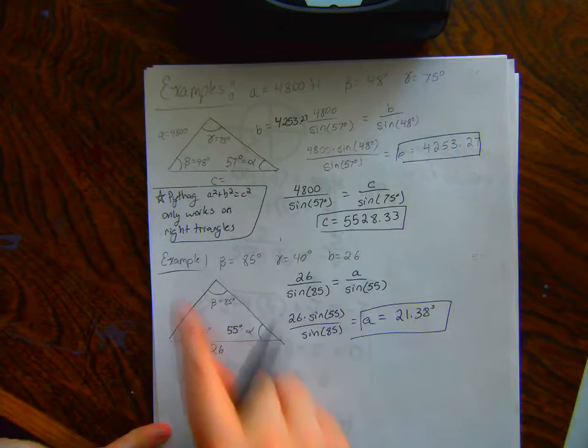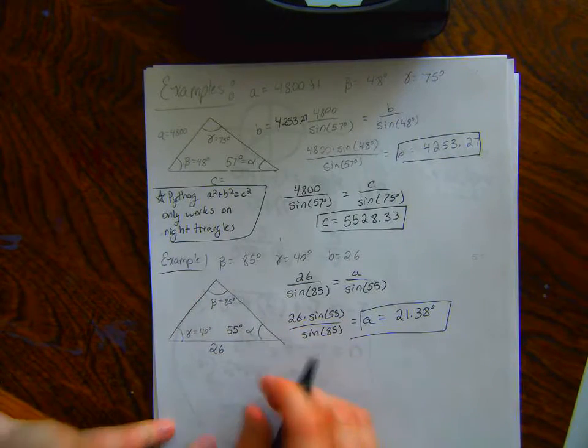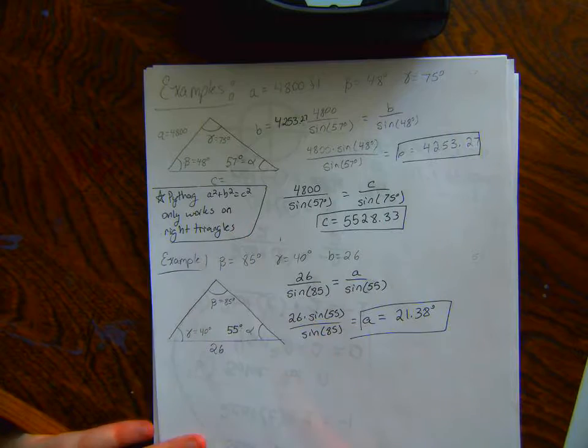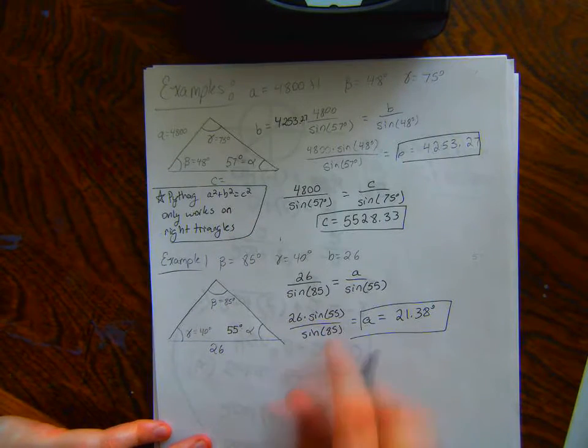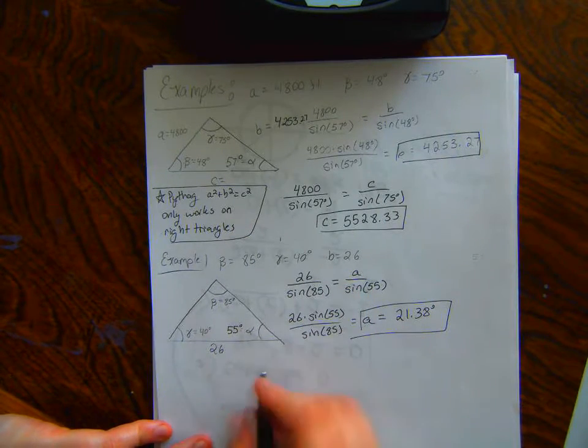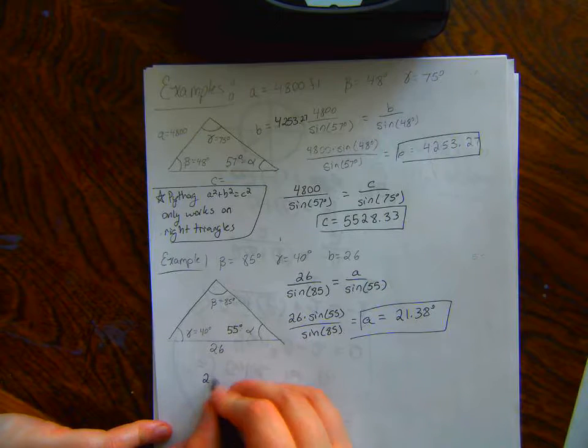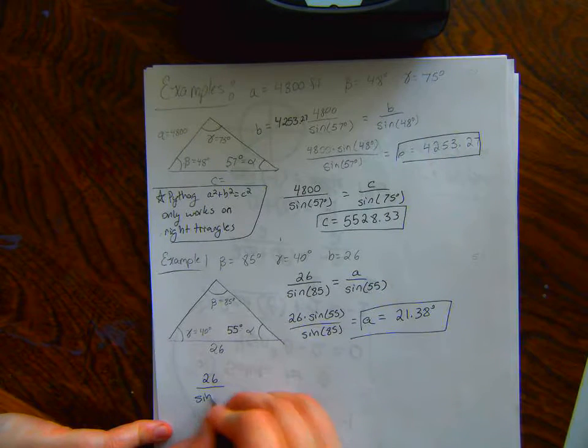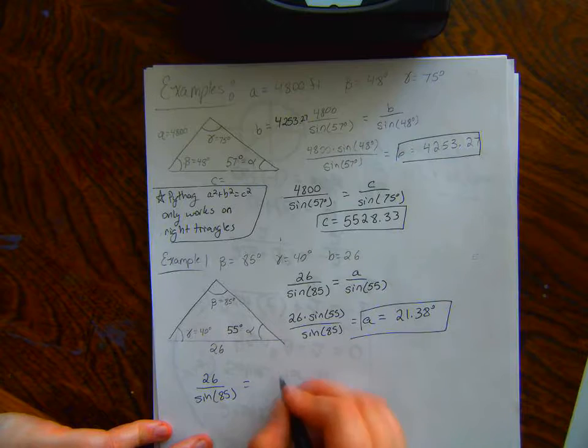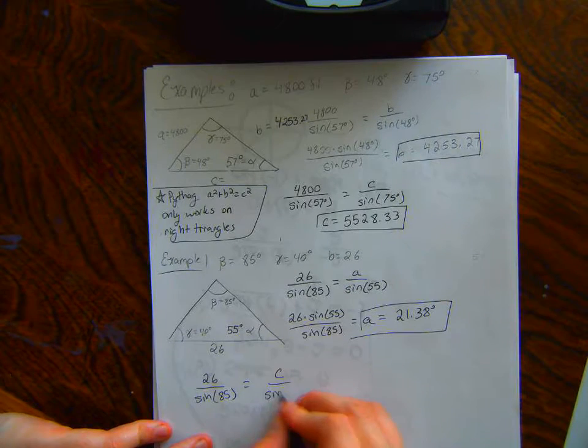Now we need to find our value for C. Now remember, we can't use Pythagorean theorem because that only works with right triangles. So we're just going to be doing what we did here before. So it's going to be 26 over sine 85 equals C over sine of 40.